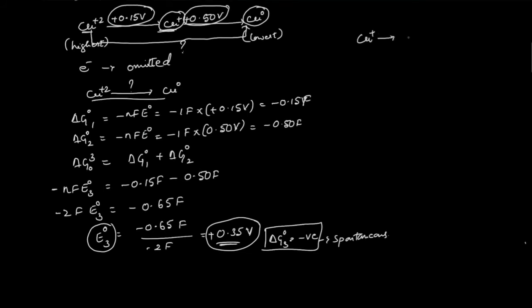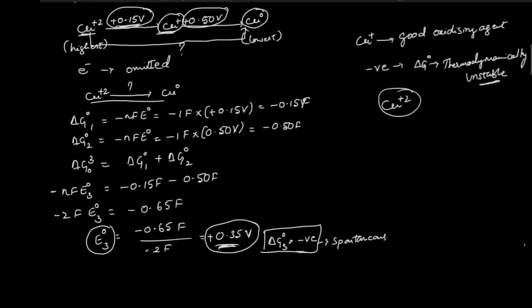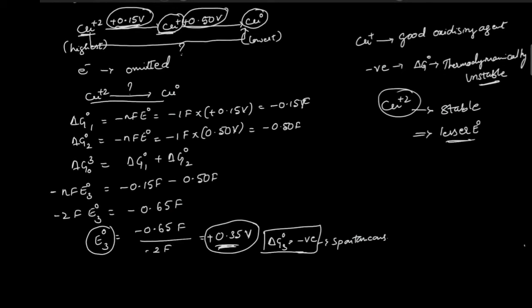That means copper +1 is a good oxidizing agent. Understood? Copper +2 is comparatively stable because it has a comparatively lesser value of E naught. That's why copper +2 is thermodynamically stable.